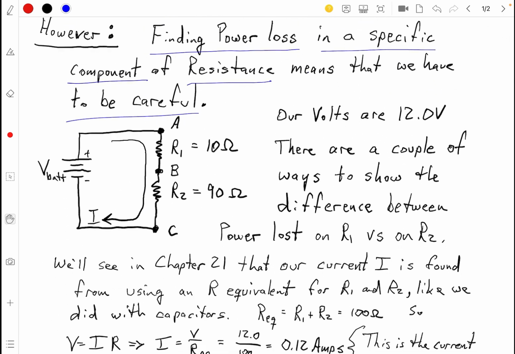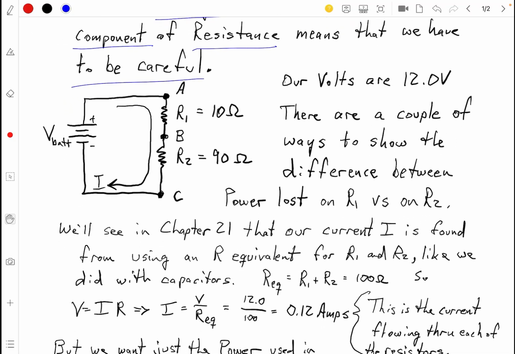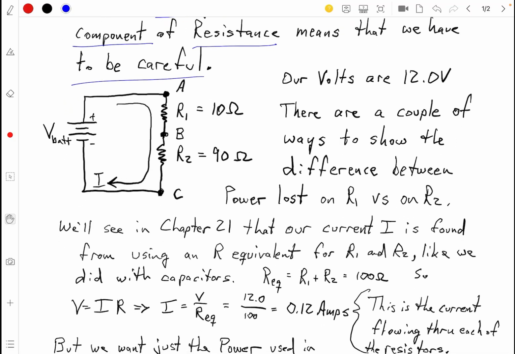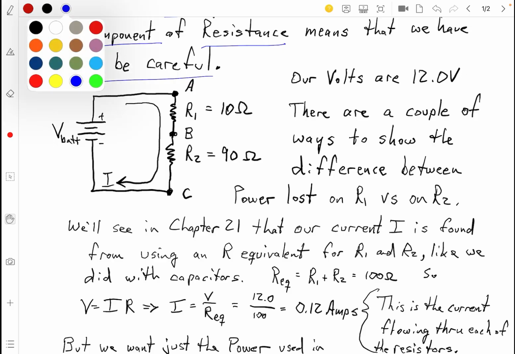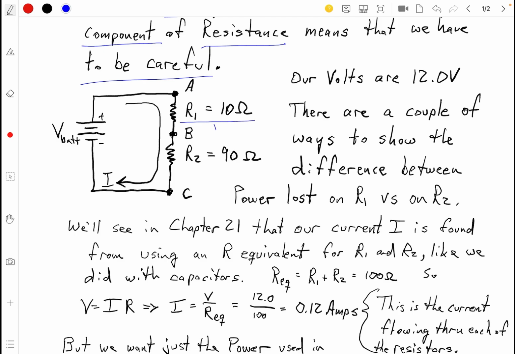So here's a circuit. This circuit is supplying a voltage to these two resistors, and there's some current that's going through the whole thing, and we want to know maybe what is the power lost on this one, or we might want to know what it is across this one.